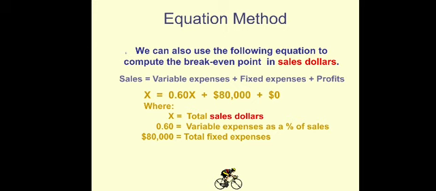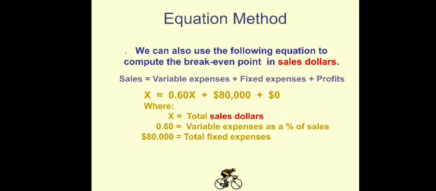You know from the previous slide that the break-even point in terms of quantity is 400 bicycles. So how many dollars of sales does the company have to make to achieve the break-even point? It is 400 bicycles times $500, because the price of each bicycle is $500.